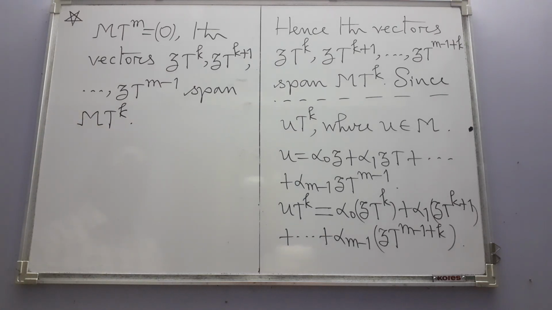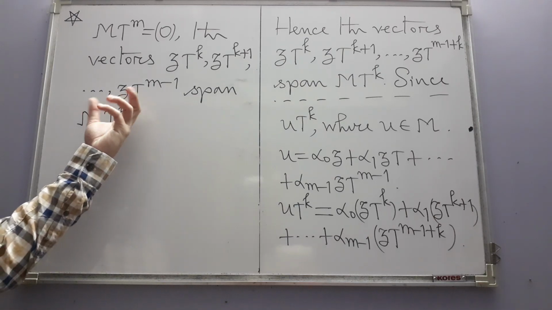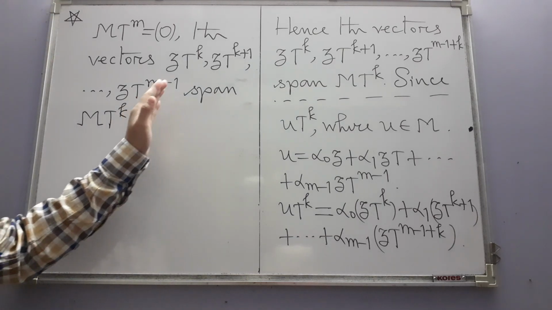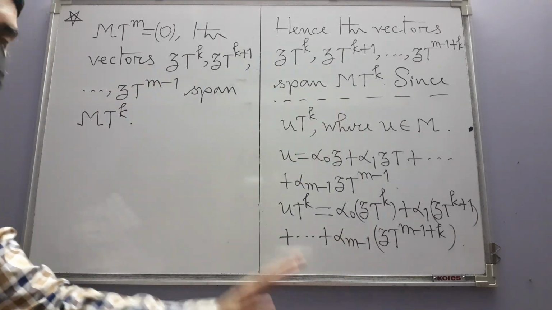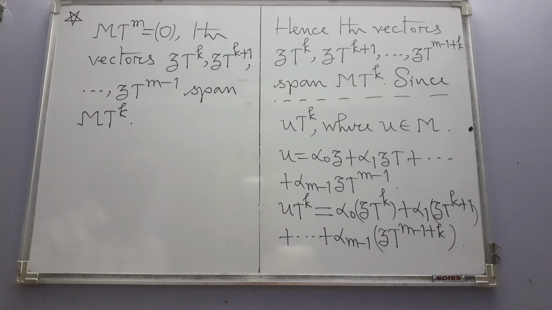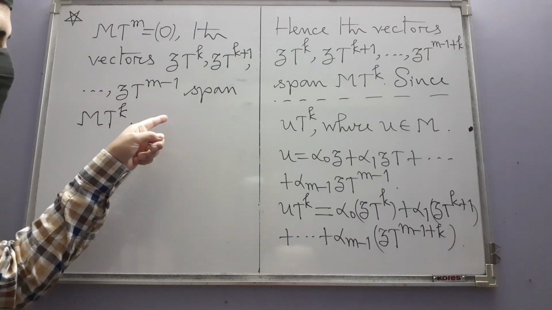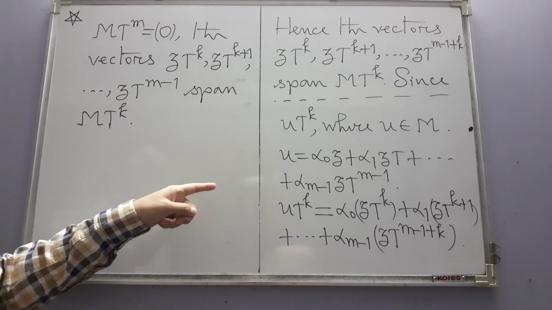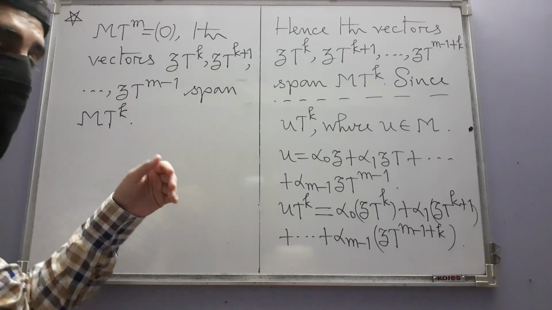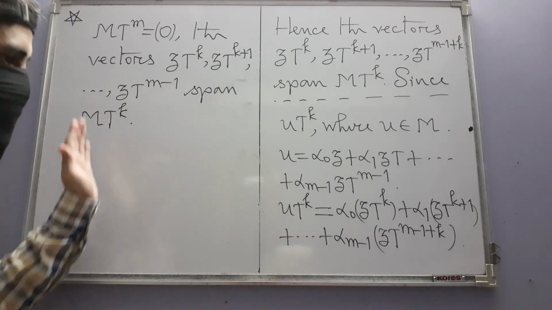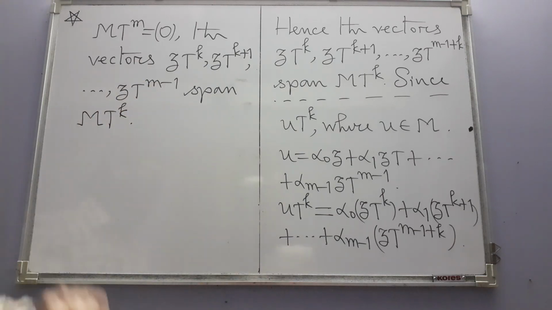Alright. So you see that because of this slightly reduced set, means possibly we do not have the other terms which come after this. Because of this reduction, whatever vectors we end up getting now actually form a subset of the previous basis of M, which had all those vectors z, z t and so on up to z t to the power m minus 1. This now becomes a subset of that.